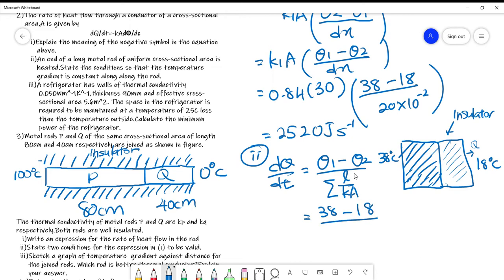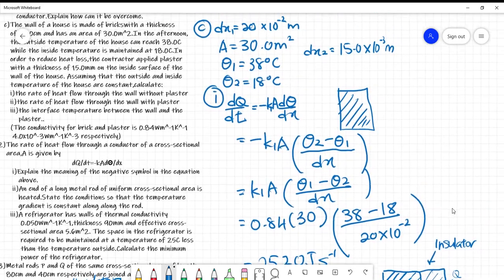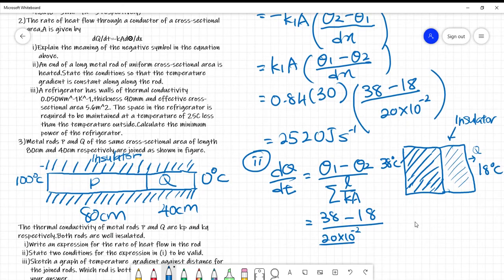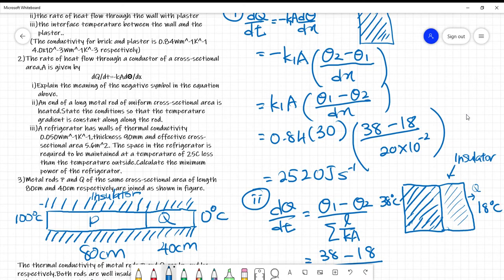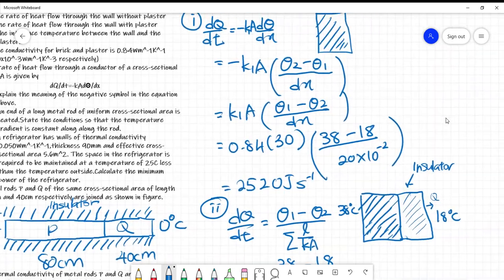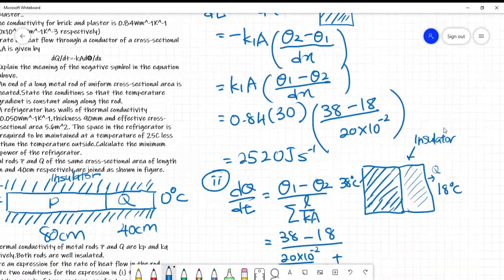My first length is 20 times 10 to the power negative 2, and the thermal conductivity for the bricks is 0.84, with a cross-sectional area of 30, plus the thickness of the plaster, 15 times 10 to the power negative 3.